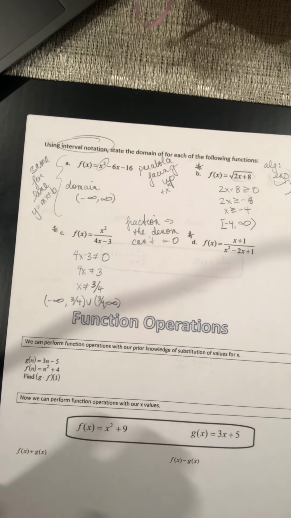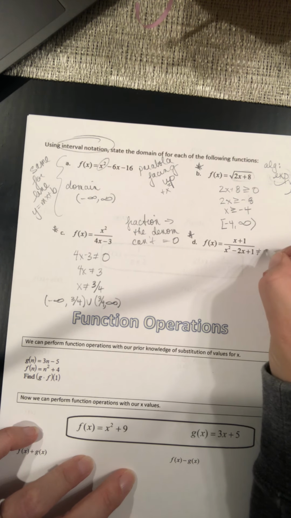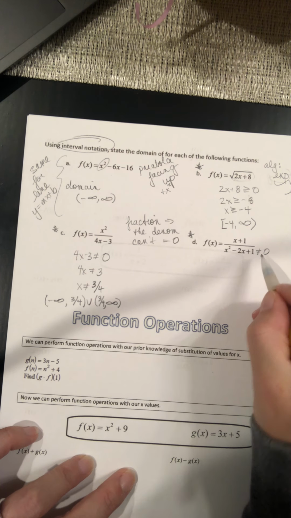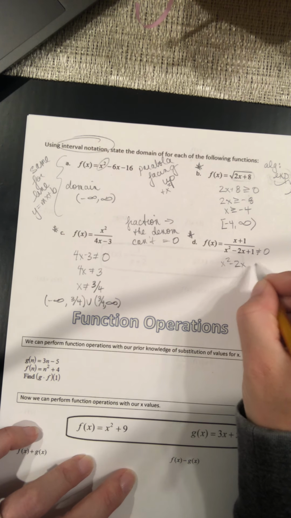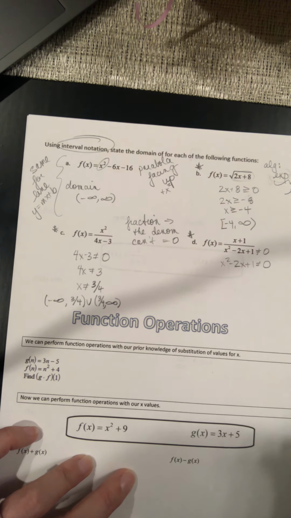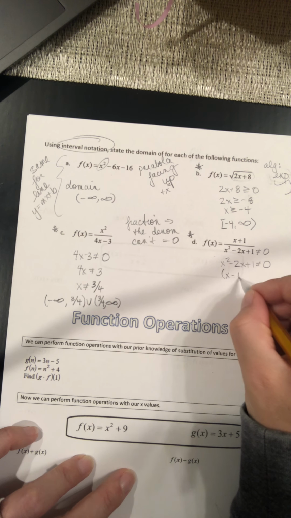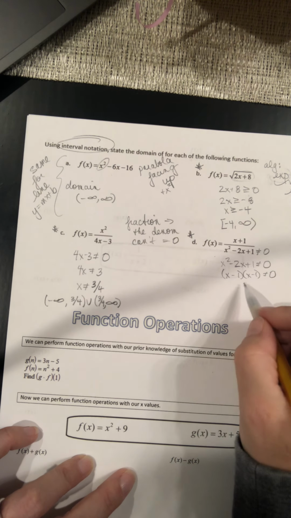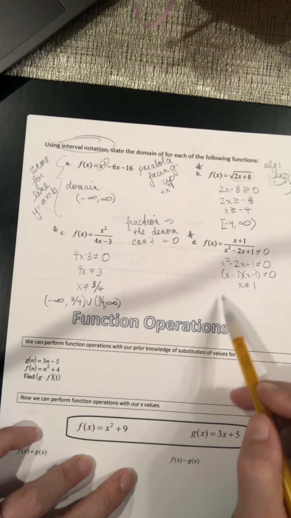And then last but not least, now we have a fraction again. This cannot equal 0. I don't care what happens in the numerator. The numerator never gives me a problem. But the denominator cannot equal 0. So we have x squared minus 2x plus 1 cannot equal 0. Then I think we get x minus 1 cannot equal 0. So therefore, x cannot equal 1, right? We end up with the same factor.